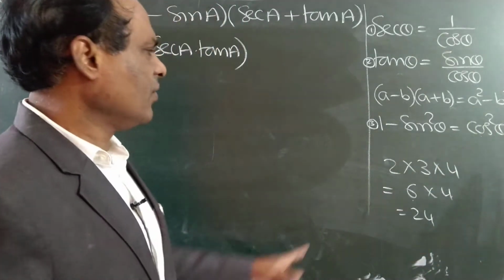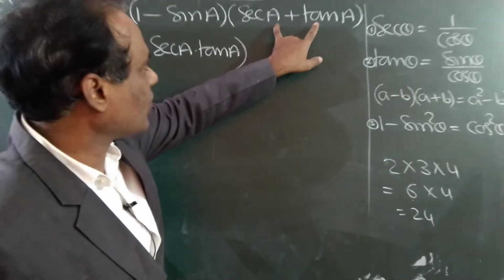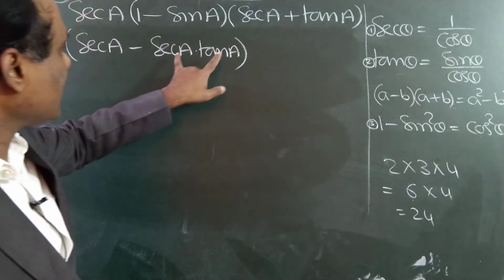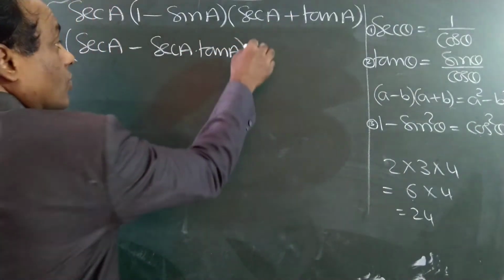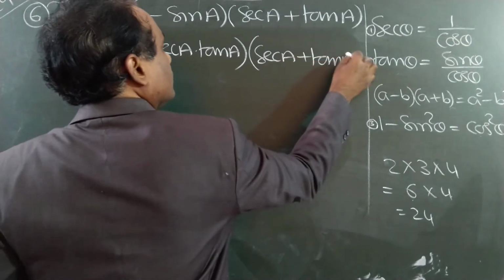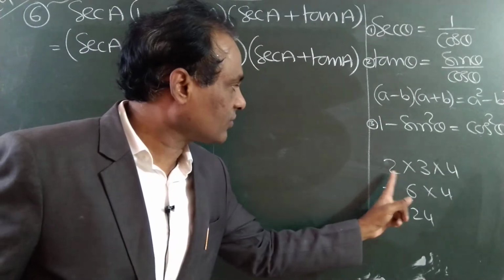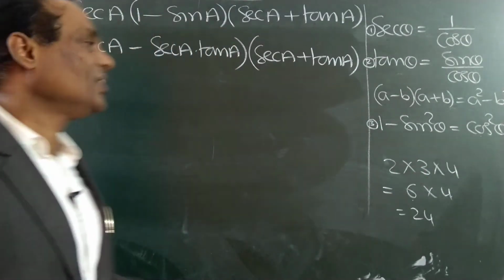Same concept. I multiply the first two and keep the third one the same: secant A plus tan A.